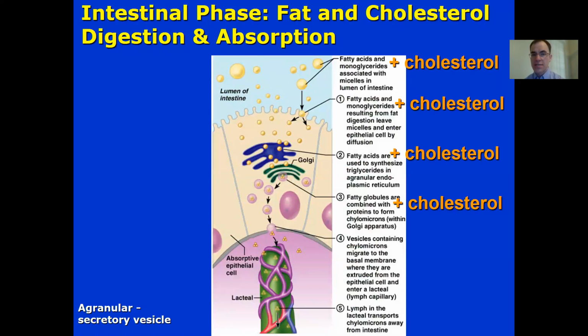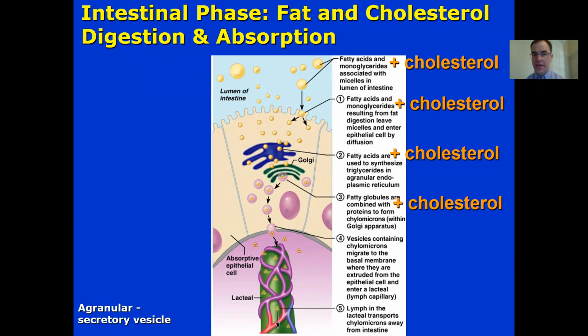So in the lumen of the small intestine, we've broken apart the triglyceride into fatty acids and monoglycerides. They've been absorbed into the wall of the small intestine, gone to the endoplasmic reticulum, where the triglyceride is put back together.